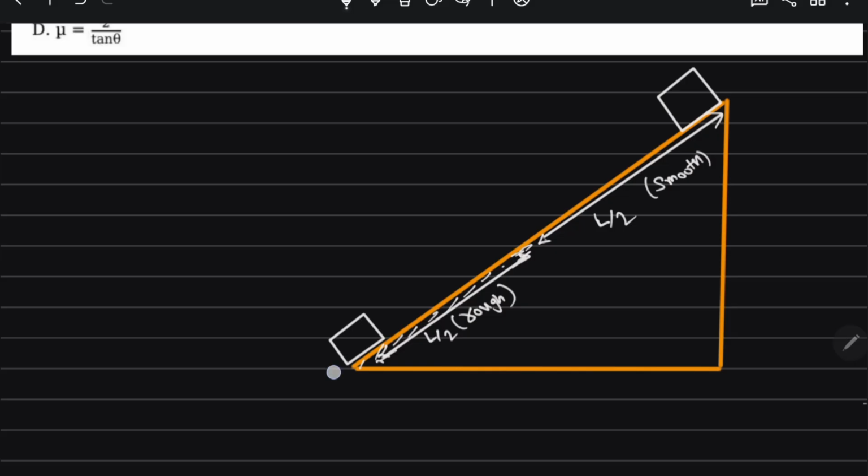So here you see this is P. This angle is theta. This angle is theta.